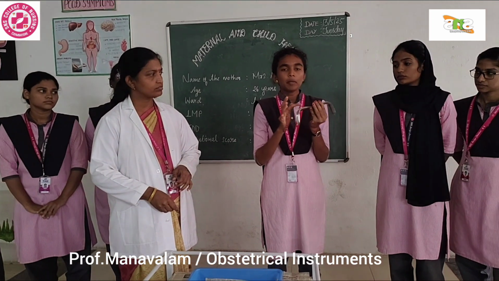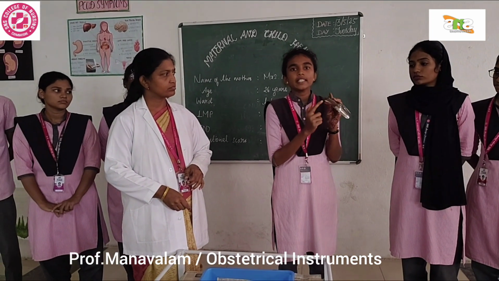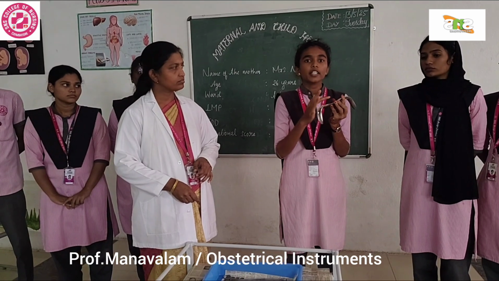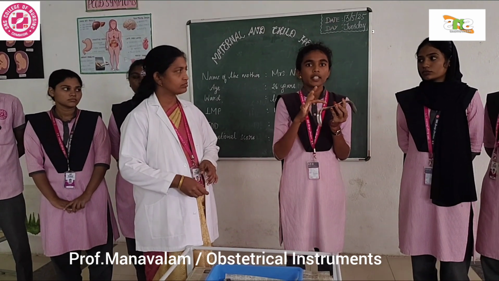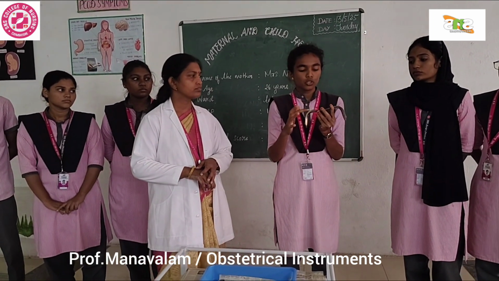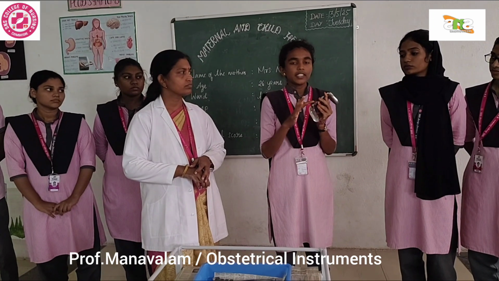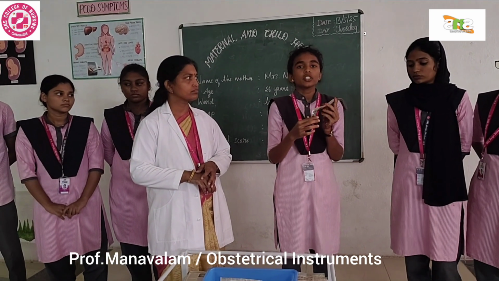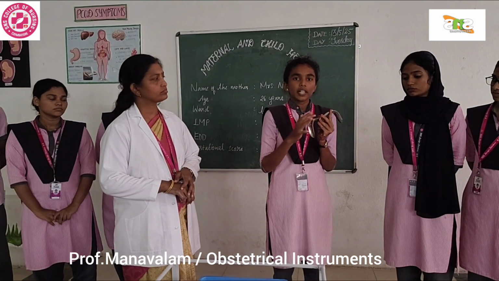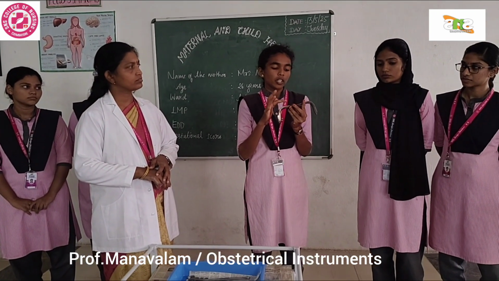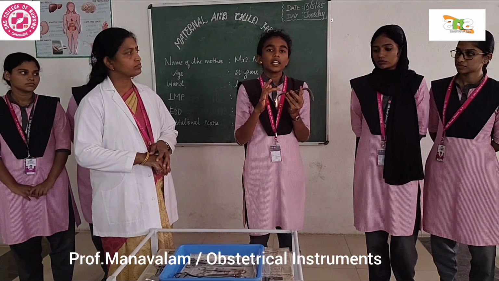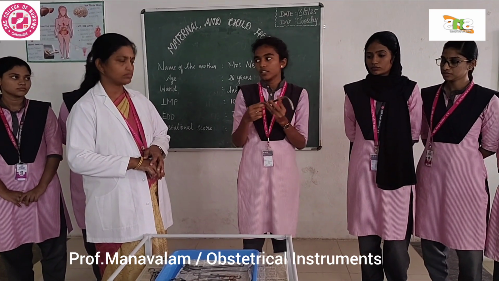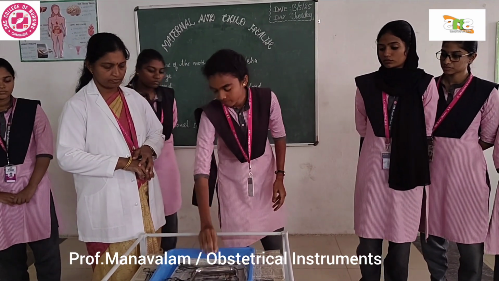It has a groove in the middle and is concave in shape. It allows blood and urine to drain during delivery, and it is used to visualize the cervix and vagina and check for any injuries inside. It also helps after delivery to clean the vagina and to check for any bleeding inside the vagina, as in antepartum hemorrhage. Very good. Next.